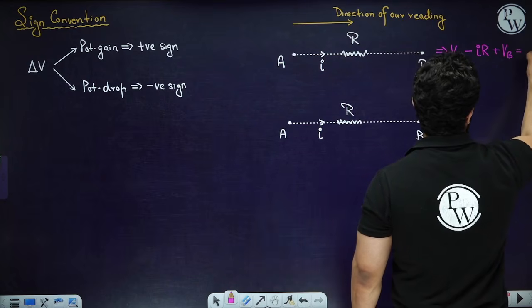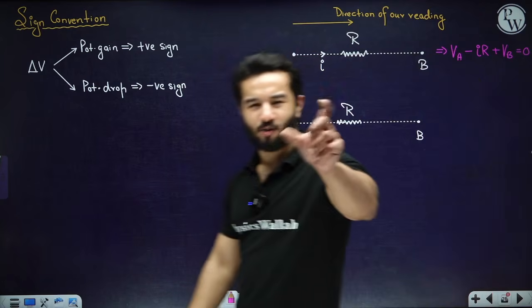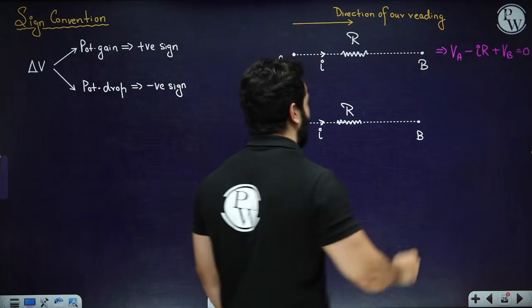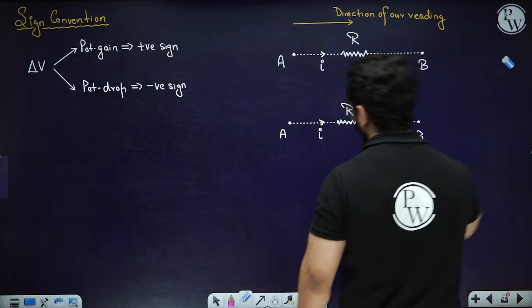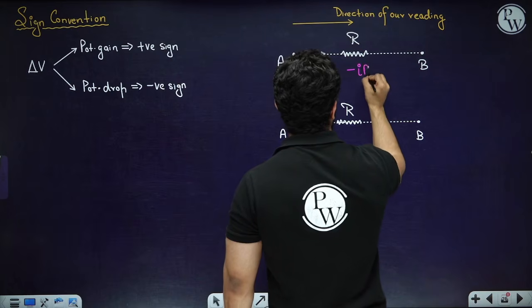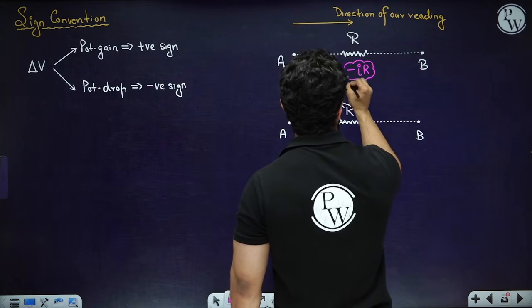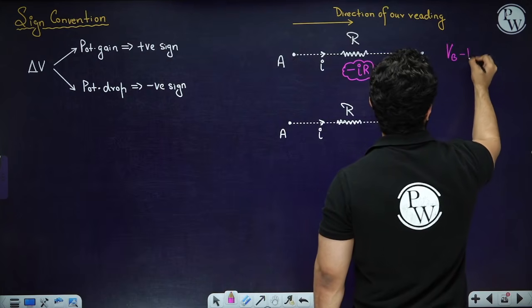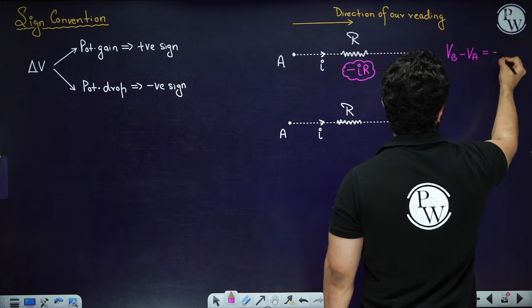So we write it equals to 0. What that equals to 0 is, I'll explain it. Don't worry about it. First of all, I just want you to know that whenever there is going to be a potential drop, we'll write it with a negative sign. That's all I want you to know. So the reading is going to be minus IR. Or what you can also rewrite this as is VB minus VA equals minus IR.